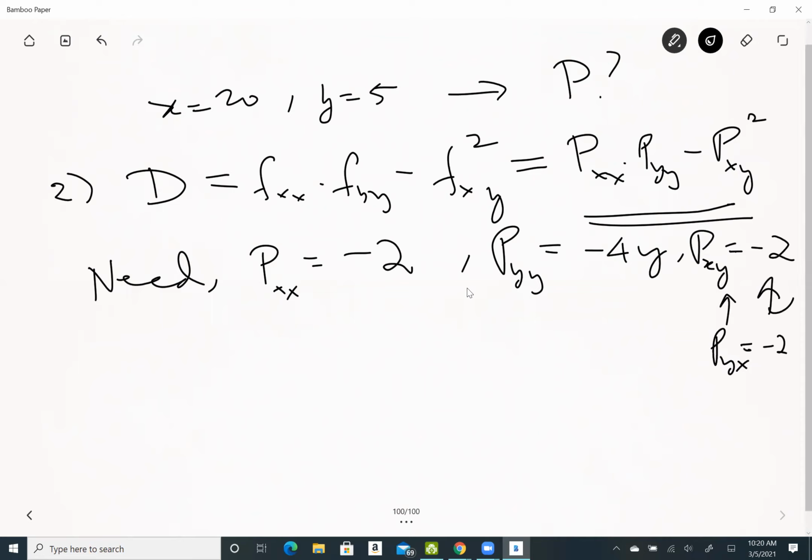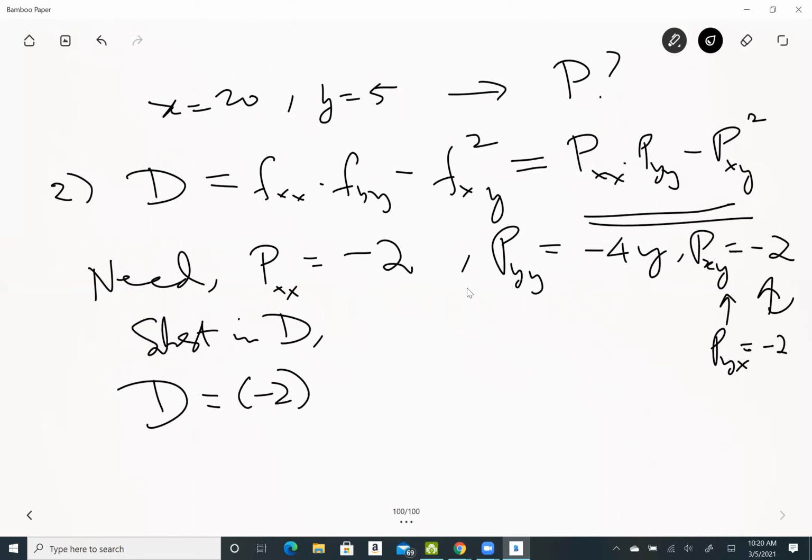Now you substitute into the D. Substitute into D, what do we get? We get negative 2 times pyy. Pyy is not negative 4y, it's negative 4. Okay, negative 4.